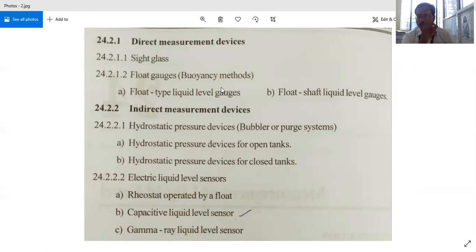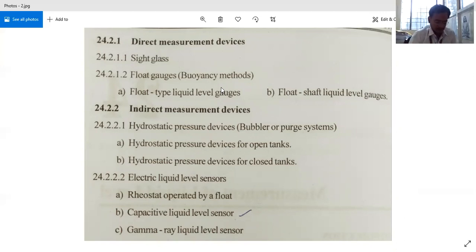In the direct type, the liquid is in contact with the instrument, and with the change in the liquid, we find the level, just like someone telling us that the liquid level is increasing or decreasing. In the second case, we need to analyze depending on the pressure that is indicated here. That is the indirect method.